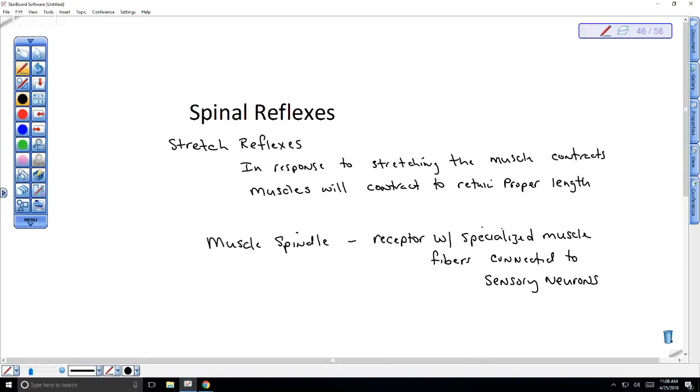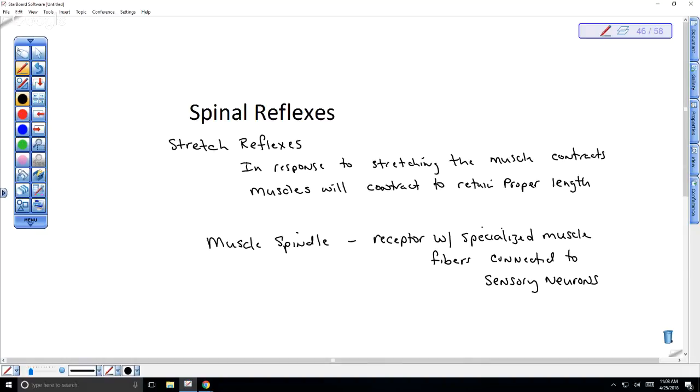The muscle spindle is encapsulated because it is in a connective tissue sheath, and all of your muscles have muscle spindle fibers in them to tell their relative length. So if they're stretched, if they're contracted, or if they're relaxed but ready to do work.